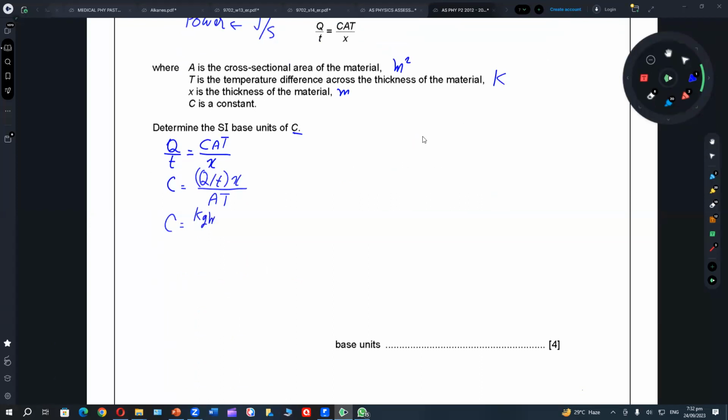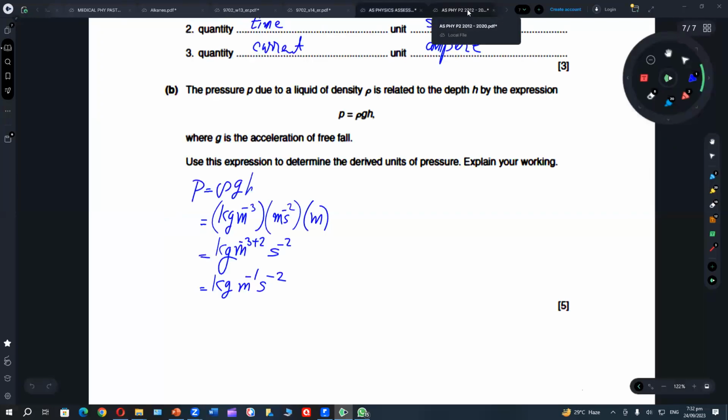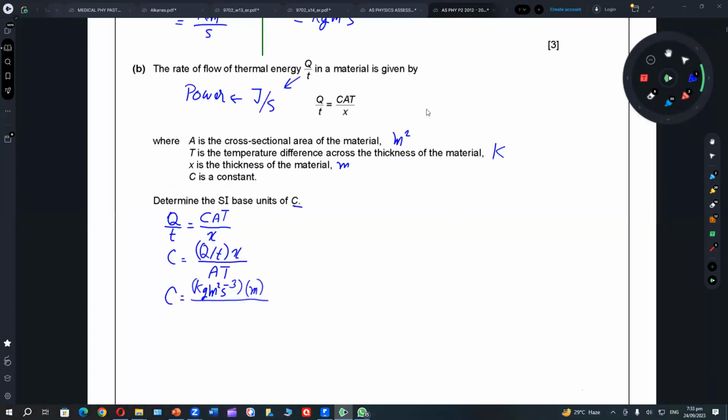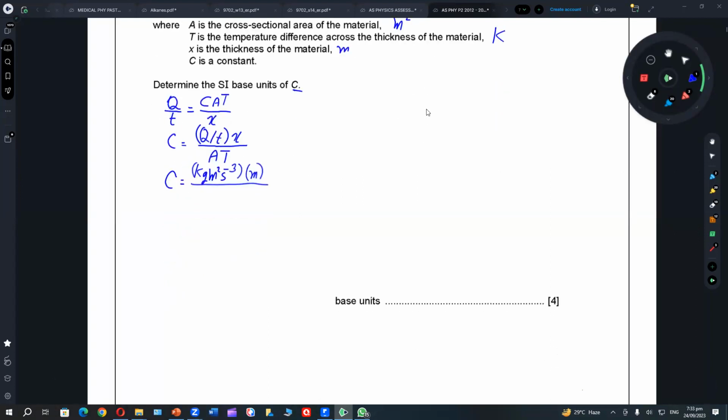Kg, I'm putting this for Q upon T, m square s minus 3. So these are the units. So I have to simplify them.